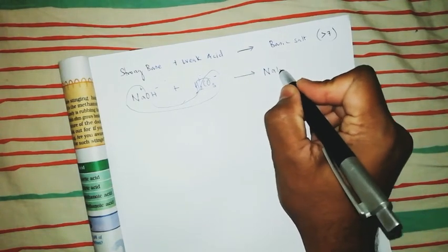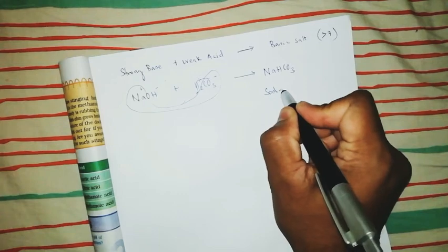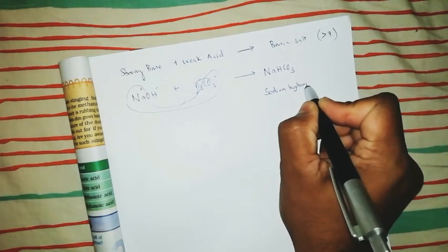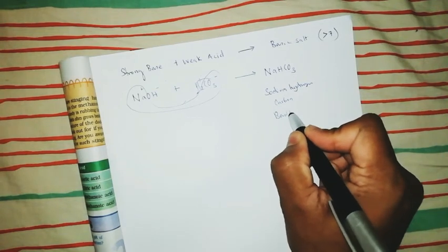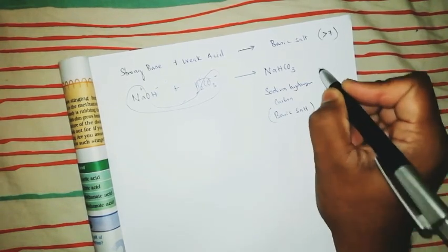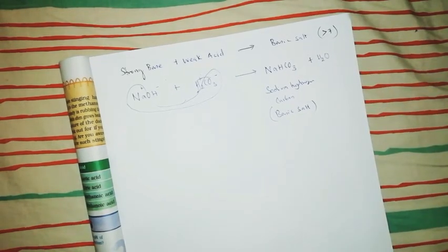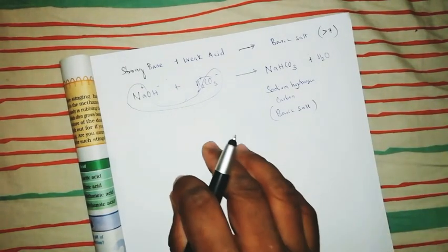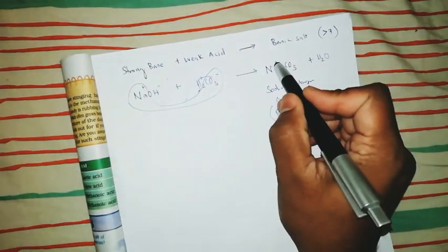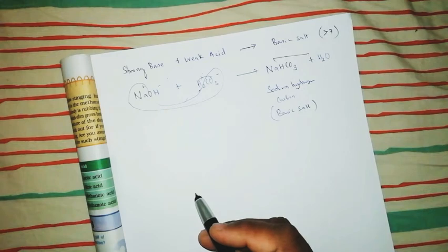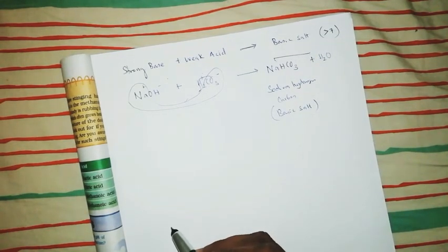It forms NaHCO3, that is sodium hydrogen carbonate, and this is a basic salt, along with H2O. Clear? This is how they form. When a strong base reacts with a weak acid, it always gives a basic salt. Clear?